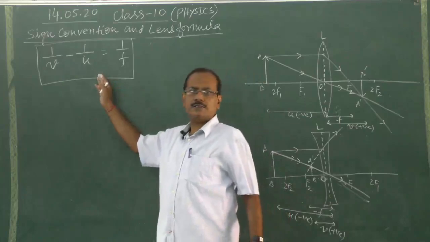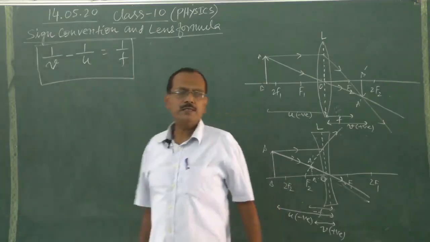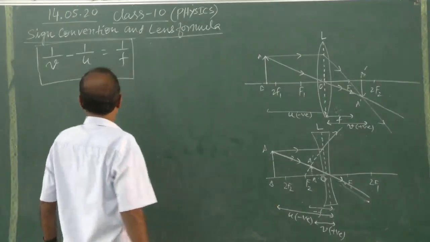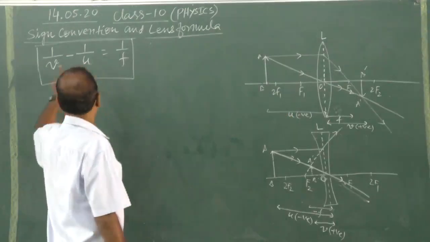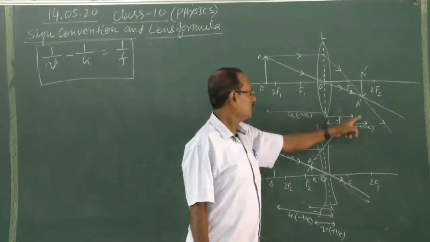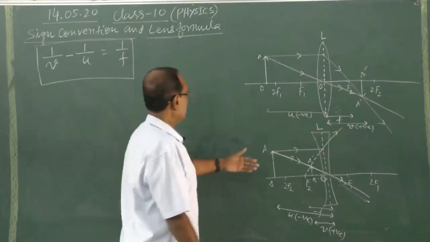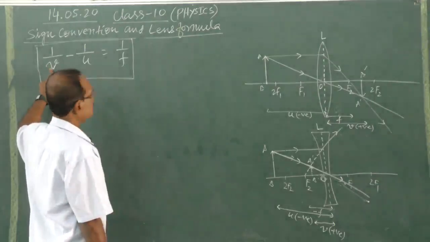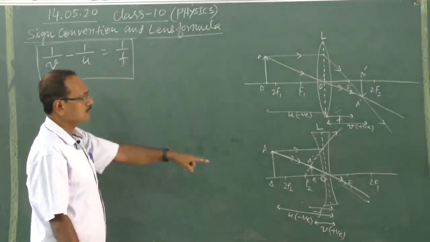For this case we will put minus U, for V it is plus V, and for F it is plus F. For the second case, V will be minus, U also will be minus, and F also will be minus.